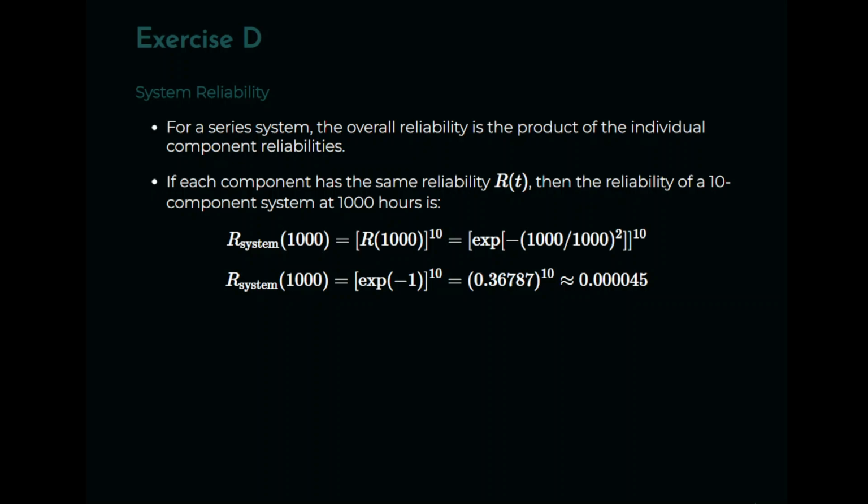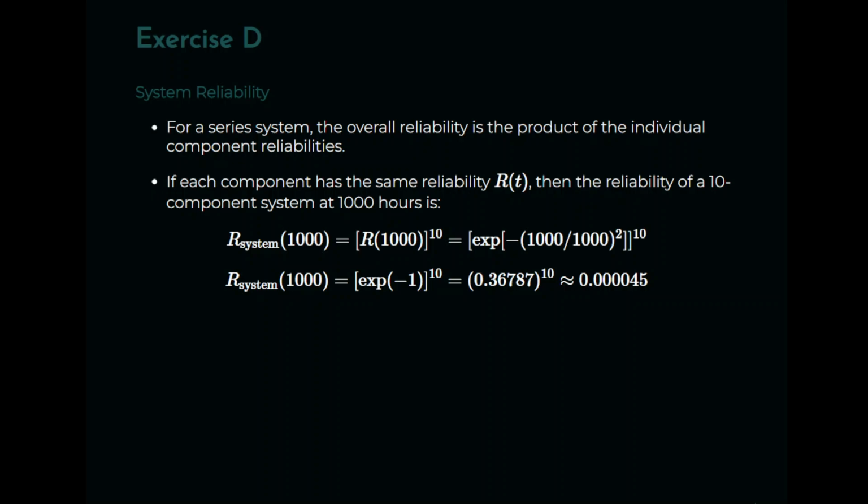That goes back to the introduction to probability. So the R of the system at 1000 hours is R of 1000 for the individual components to the power of 10. So it's the probability of 10 independent events multiplied by each other. Because they all have the same probability, it is to the power of 10.